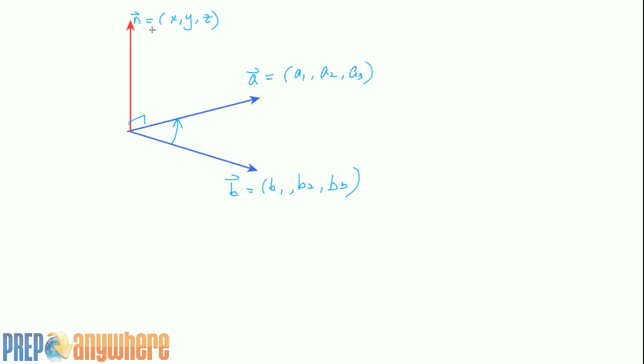The idea is that if we define it this way, isn't it true that if you have n times by a dot product, that will be 0, right? Because they're perpendicular. And so will n times by b.